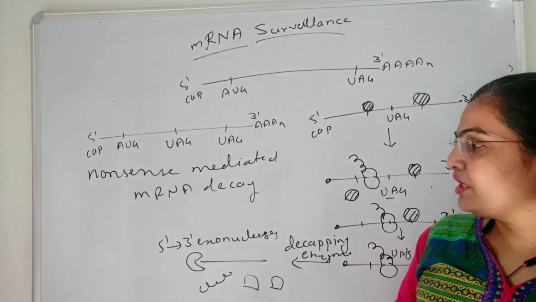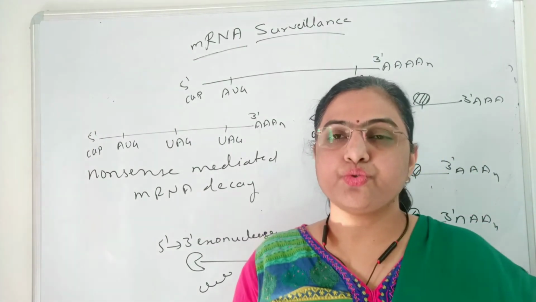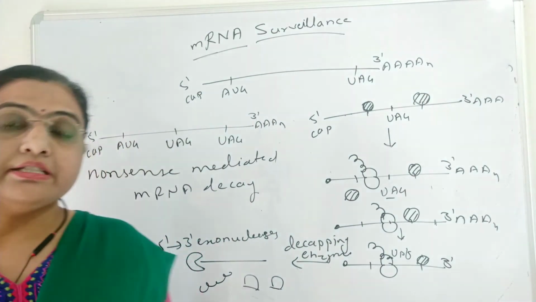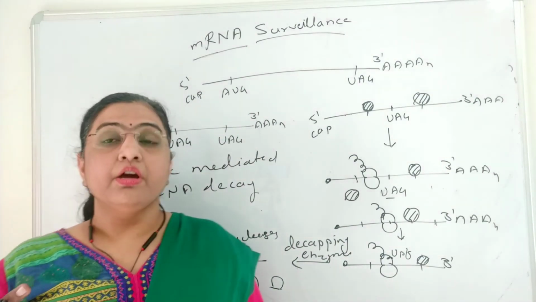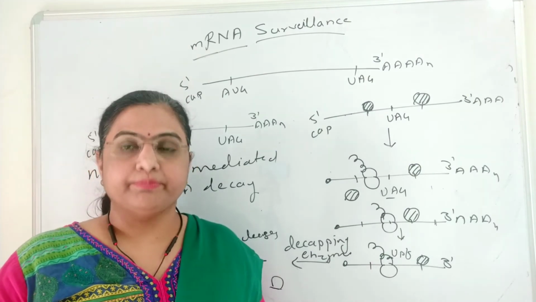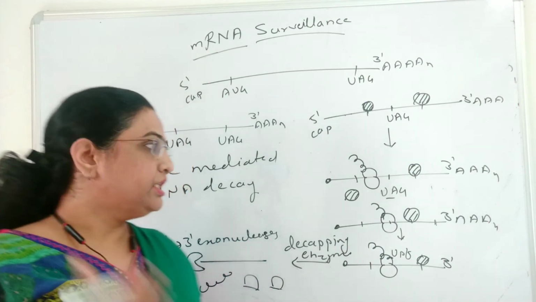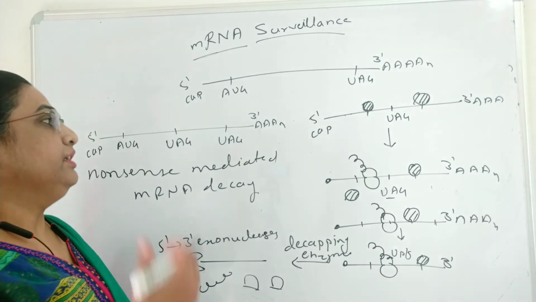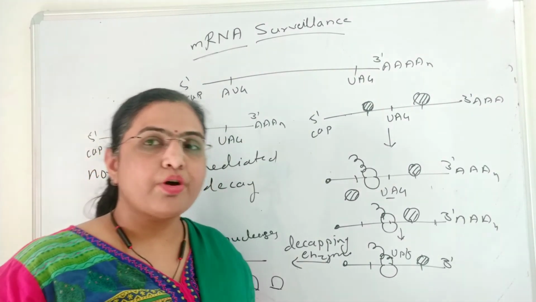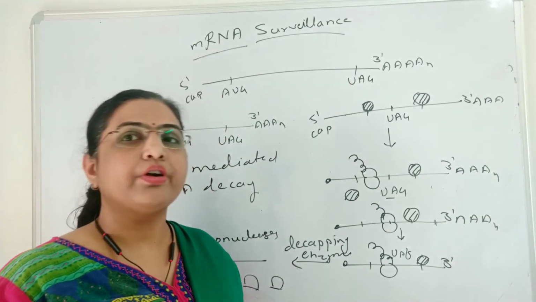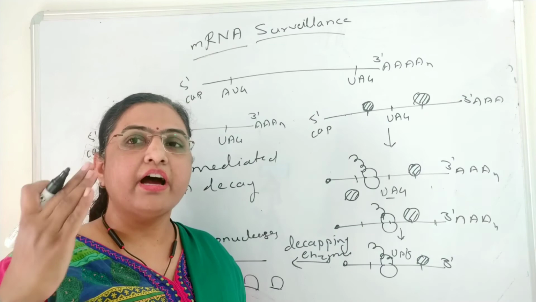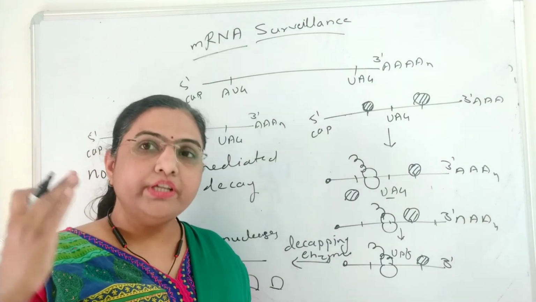The 5' to 3' exonucleases, as the cap has been removed by the decapping enzyme, and the decapping enzymes are loaded by the UPF proteins. So in this way, the mRNA which has the in-frame stop codon, the extra stop codon, is going to be degraded after the first cycle of the translation.